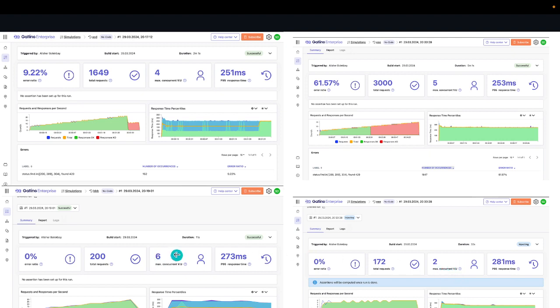Here it was 6, but after it had 2. But the time is also the same, and here I had more of the total response time percentile. It was like 25%, and also here the requests are fewer than in the previous one.